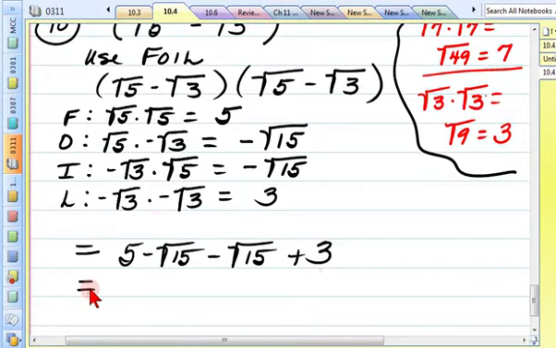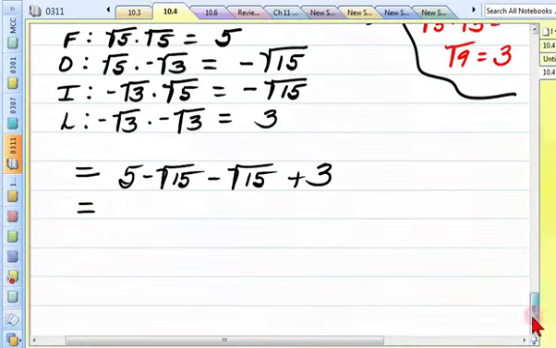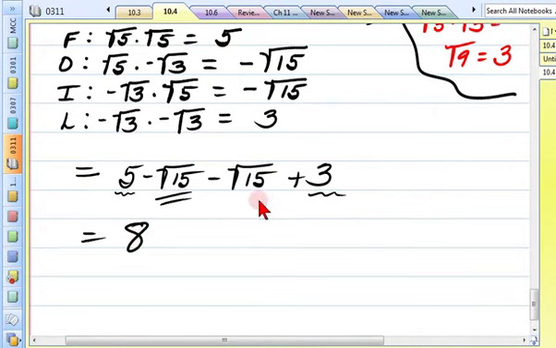Can I combine any of those? The 5 and the 3, that'll give me 8. And what about negative square root of 15? Negative square root of 15? What will I call that?